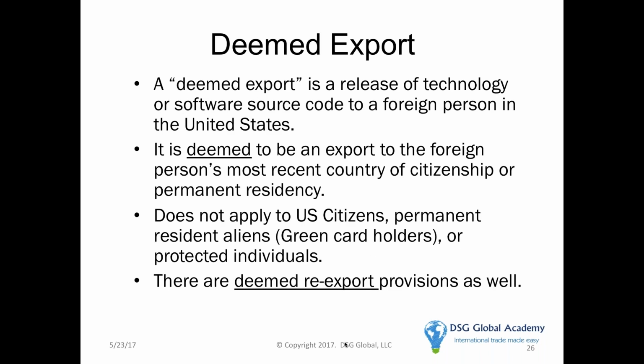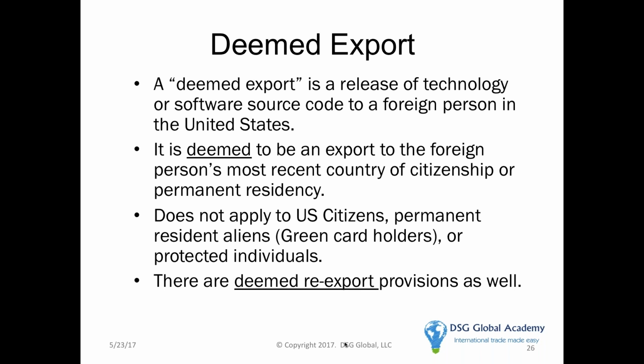A deemed export is very important in Silicon Valley, where I'm based in San Francisco, because there are a lot of brilliant foreign engineers dealing on some very complicated technology issues, encryption, cloud computing, so on and so forth. And what the US government says is that if somebody's a green card holder or a permanent resident or a US citizen or a protected individual who's got asylum, deemed export rules do not apply.